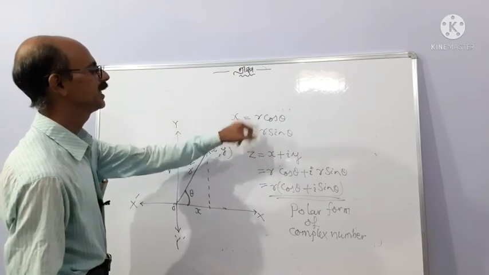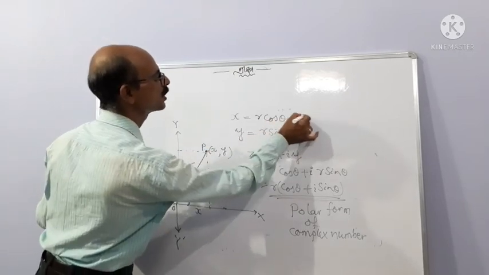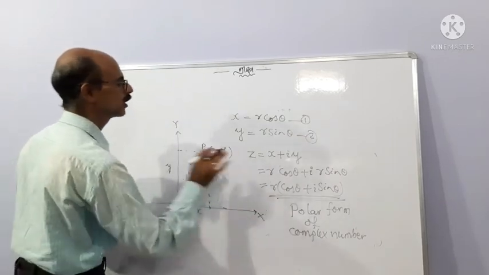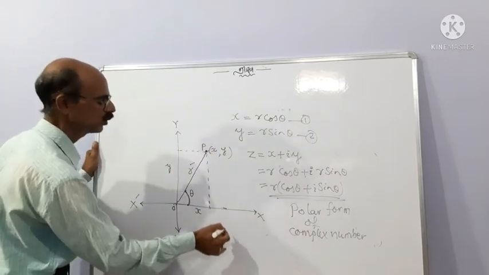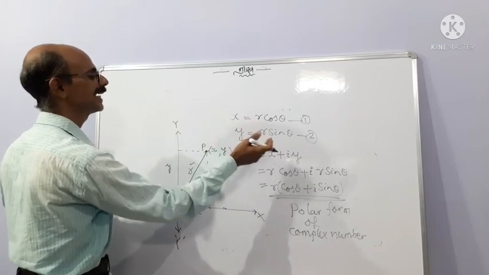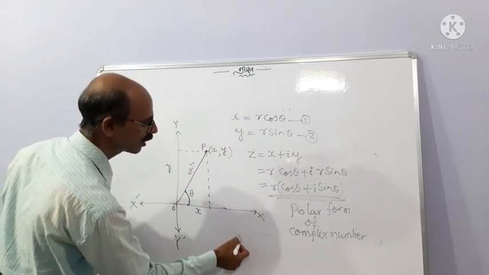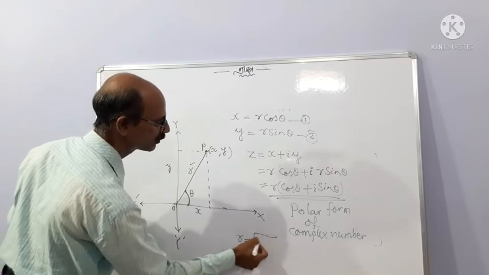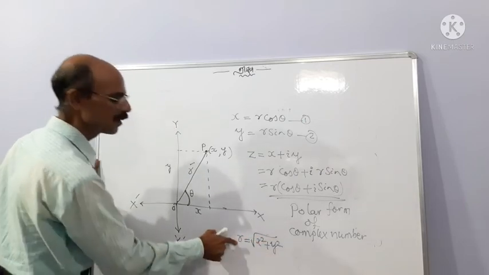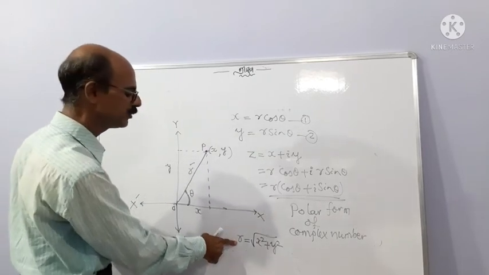Now if we calculate r from this, equation 1, suppose this is equation 2, the polar form. If we square both sides and add them, we will obtain r is equal to root over of x square plus y square. What is our magnitude or absolute value of z?